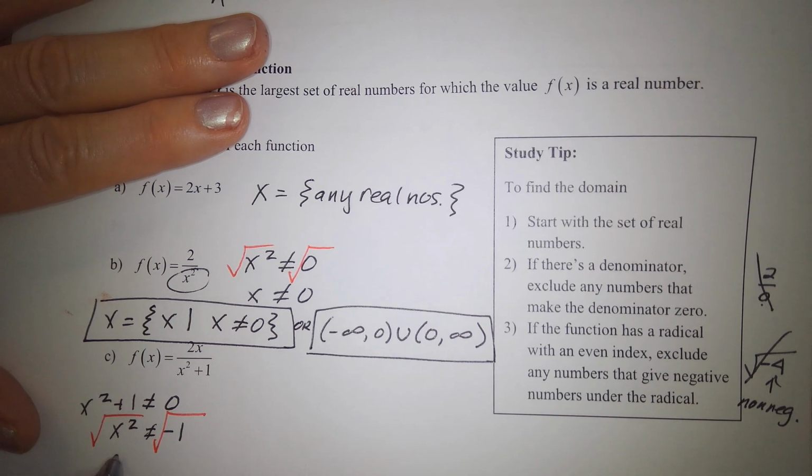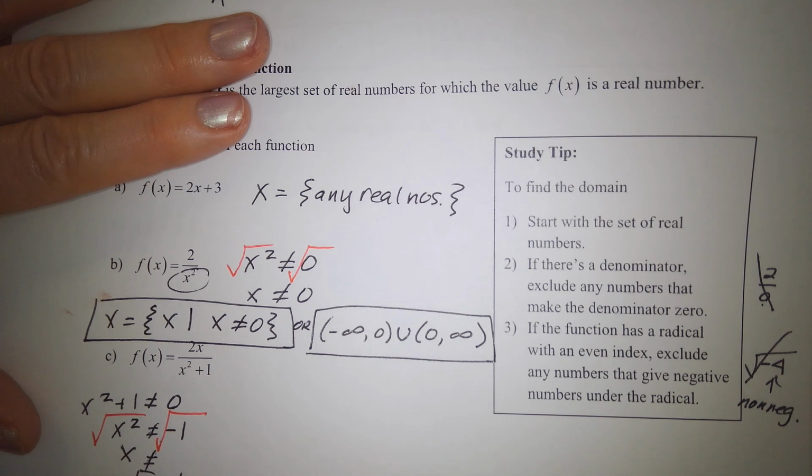You're going to see the square root of negative 1 is impossible. There are no exclusions because this is actually not possible. There is no x that will ever give me 0 in this denominator.